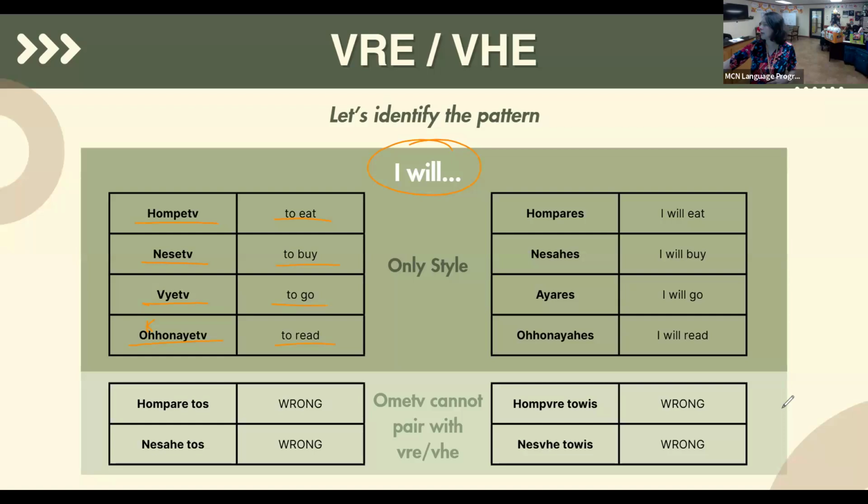Okay, so over here, we're going to use our athlis and ahis. In this case, we're mixing them up. So we have hombaflis. Hombaflis means I will eat. Nisahis means I will buy.